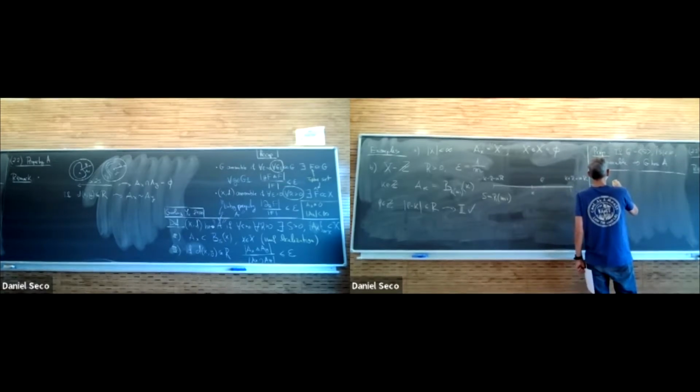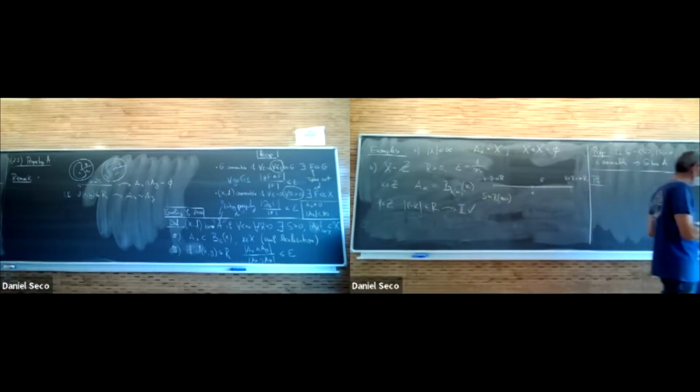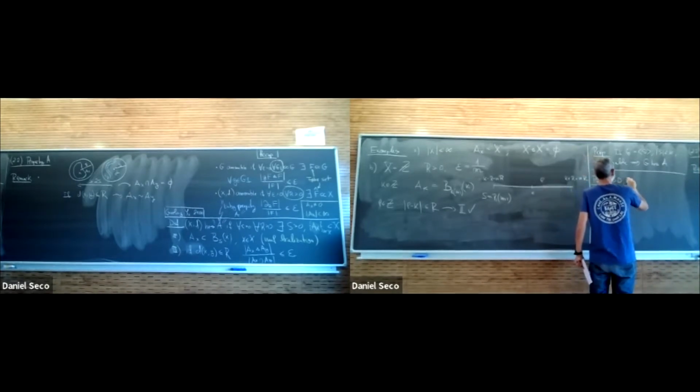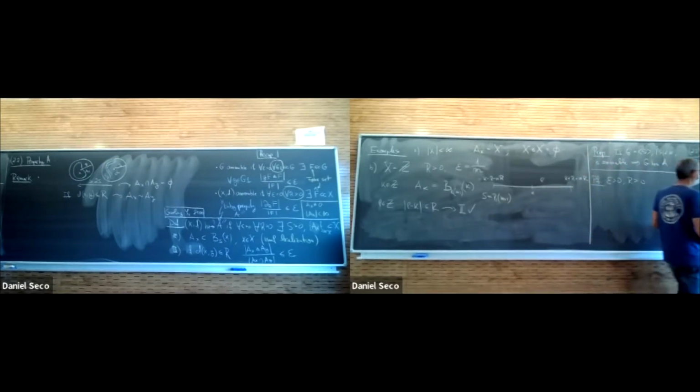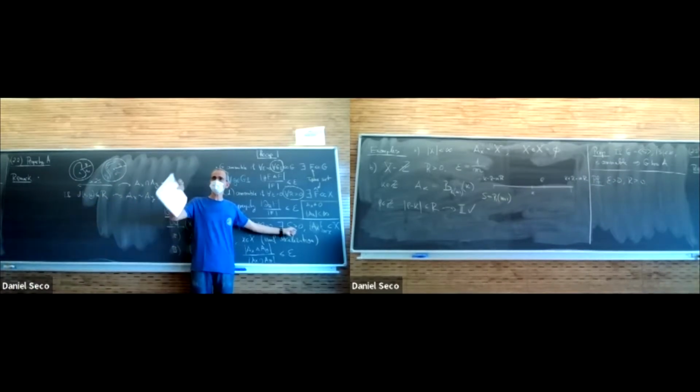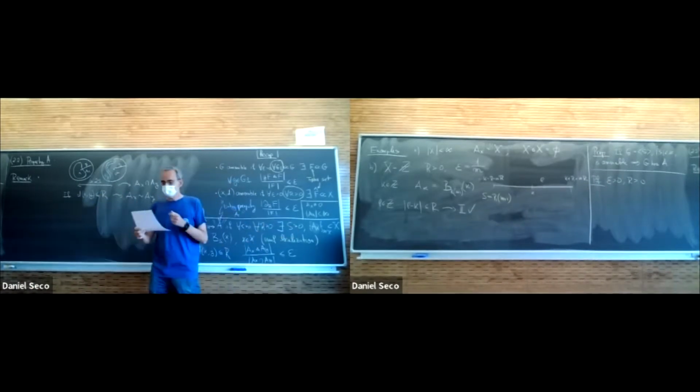So let F be a Følner set. Okay, let's do it correctly. Epsilon be greater than 0 and R be greater than 0. You have to give me a collection of sets and a uniform localization radius, and so on.